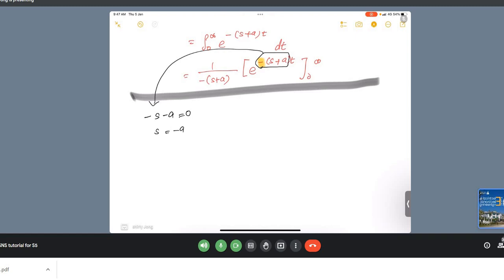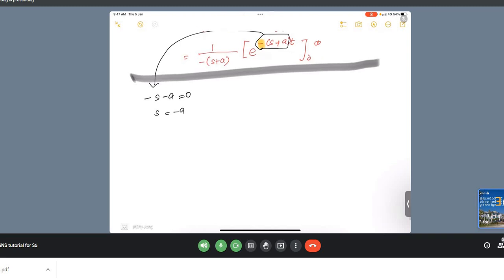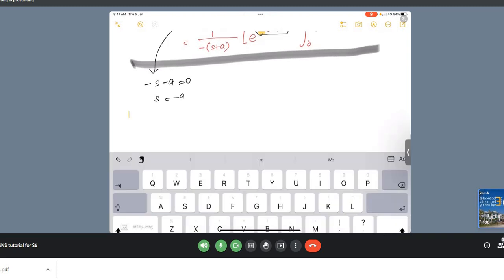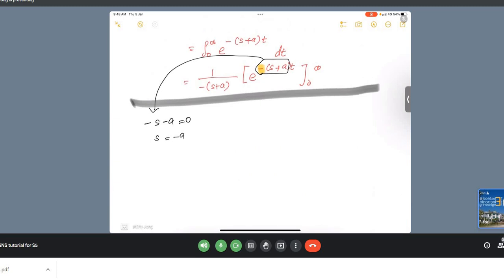I move the s to the right hand side, I get s equal to negative a. So I test for s more than negative a and s less than negative a.